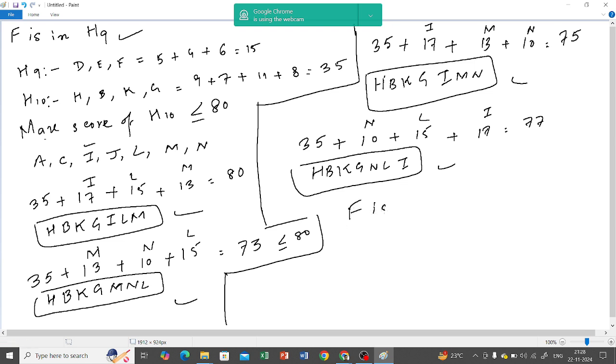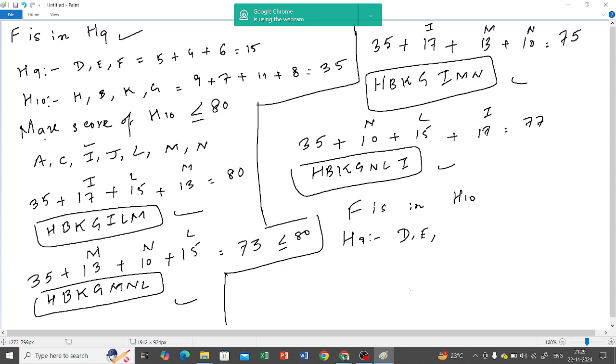Now if F is in H10, see, the reason why I am doing this sum is to help you understand the thought process that you need to put. Okay, the thought process. So now H9 will be what? It will contain D, E as usual.